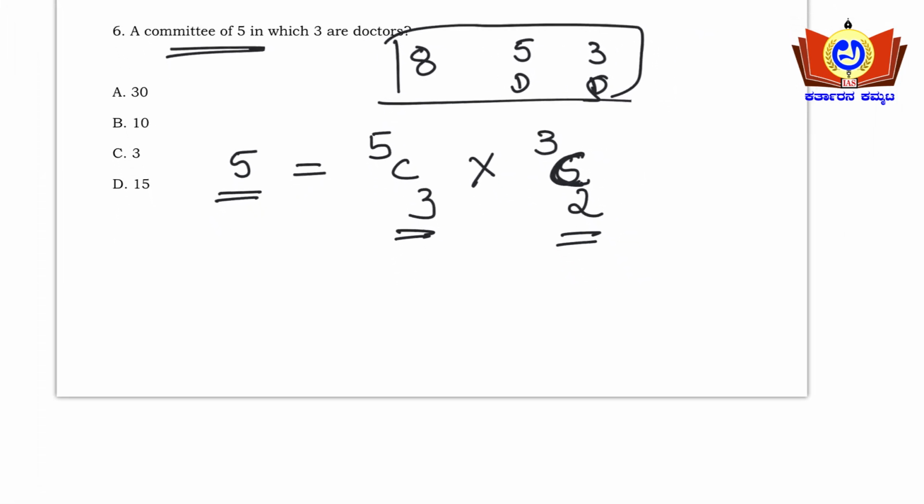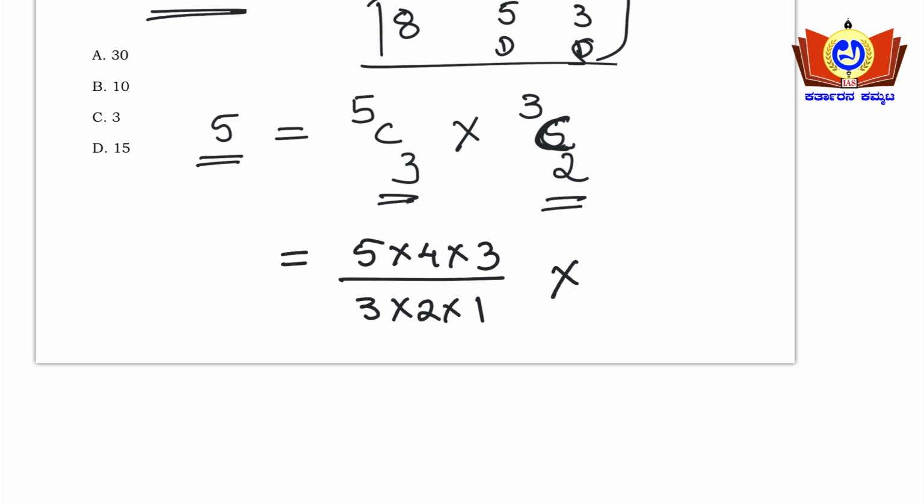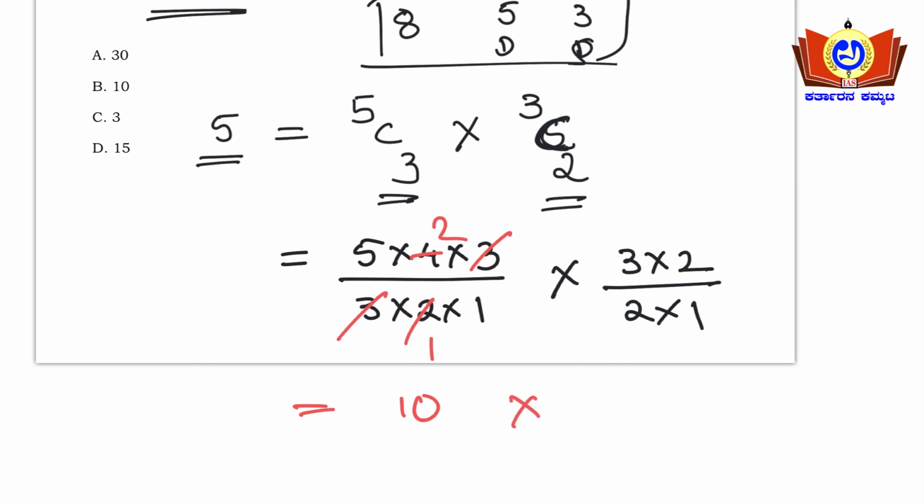So 5C3 into 3C2 is the answer here. 5C3 means 5 should be reduced 3 times: 5 into 4 into 3 upon 3 into 2 into 1, into 3C2. 3 should be reduced 2 times: 3 into 2 upon 2 into 1. Upon solving this, 3 gets cancelled, 2 once and 2 twice, so 5 into 2 is 10, the 2s cancel, so 3. So 10 into 3 is 30 ways. This is the answer here.